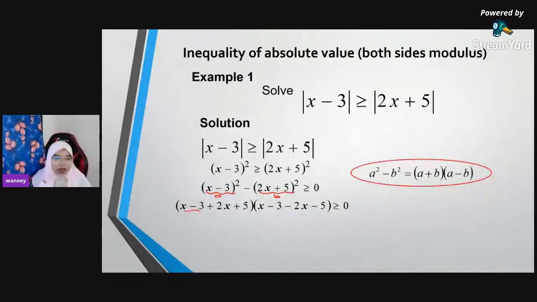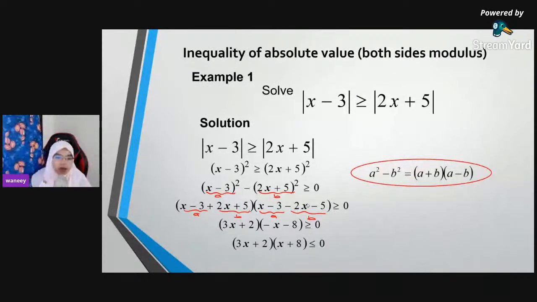So we are going to have a plus b, and then a minus b, greater than or equal to 0. You can use this method, or expand as usual, bring everything to the left side, and factorize. Okay, now we are going to simplify the terms inside the bracket. So we get 3x plus 2, negative x, negative 8 greater than or equal to 0.